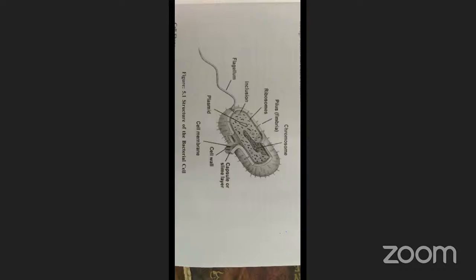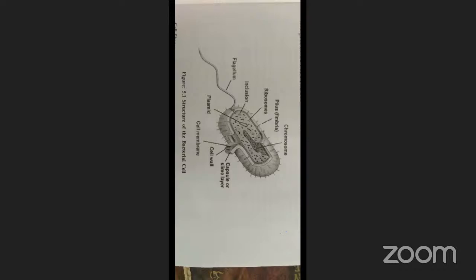Bacteria can be classified on a nutritional basis, their energy requirement and their ability to synthesize essential metabolites. Those that obtain energy from sunlight are called phototrophs.